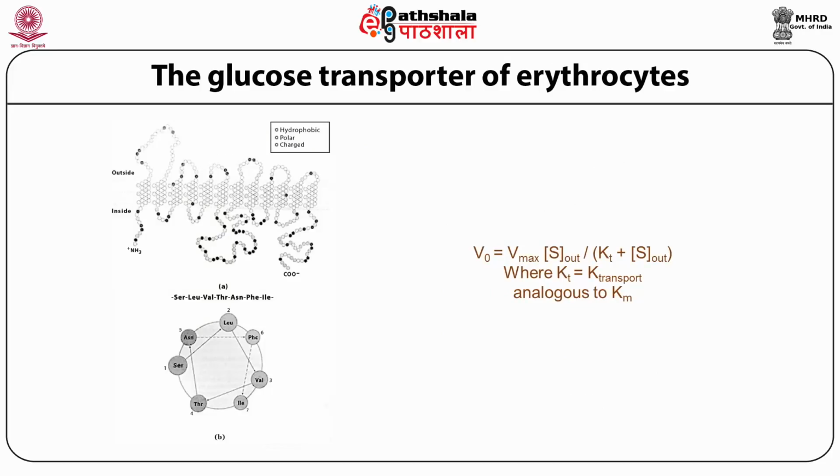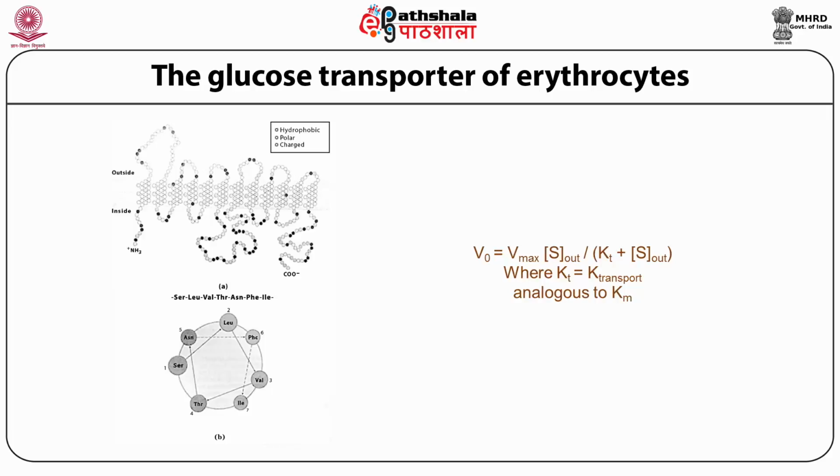The glucose transporter of erythrocytes is an example of passive transport. Erythrocyte metabolism requires that they continuously get glucose supply from blood plasma, which is nearly constant at around 4.5 to 5 millimolar concentrations.